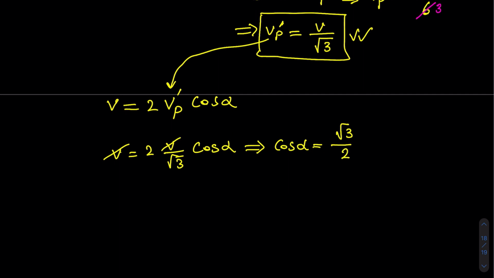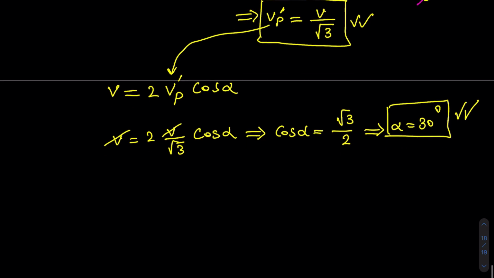And we know the angle whose cosine is square root of 3 over 2 is 30 degrees. Okay, so we found the angle. This is part A. We already got the answer for part A.